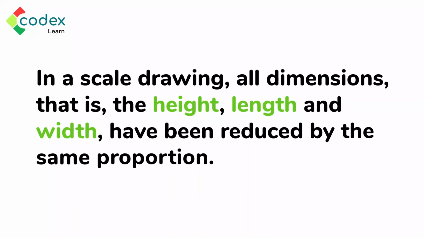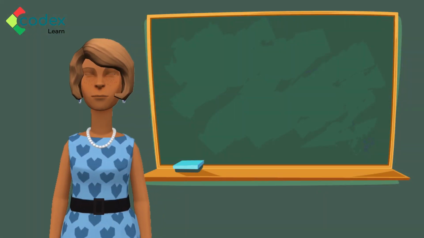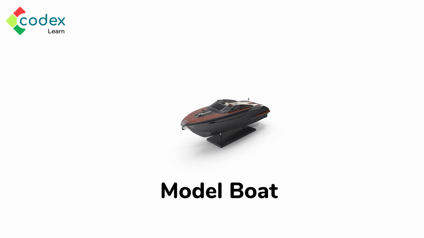In a scale drawing, all dimensions, that is, the height, length, and width, have been reduced by the same proportion. Let's use an example here. A model boat is a sample of a real-life boat. It is made to a scale of 1 to 20.